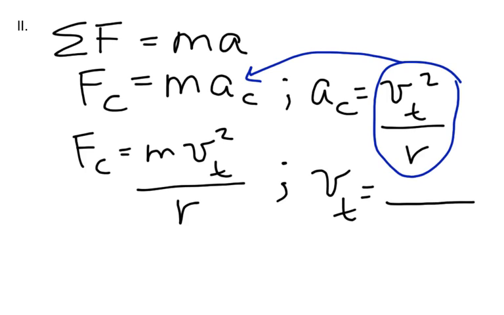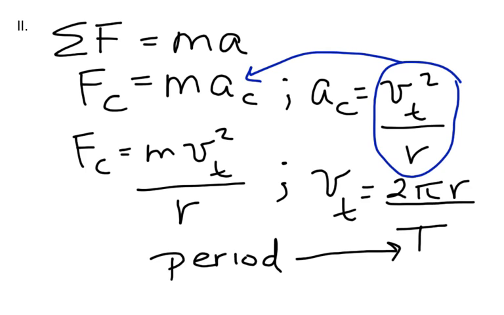And the circumference of a circle, the formula for that is 2 times pi times the radius of your circle. And the time that it takes to go around in that circle, we're going to give a capital T here, is called the period, or the time to go around in one revolution, and the unit for that is seconds.